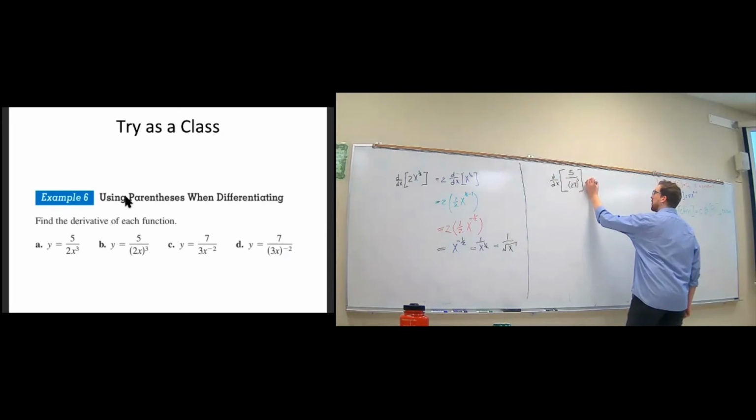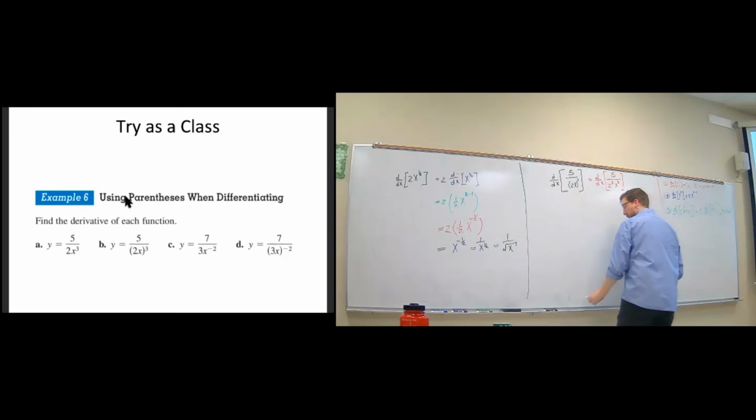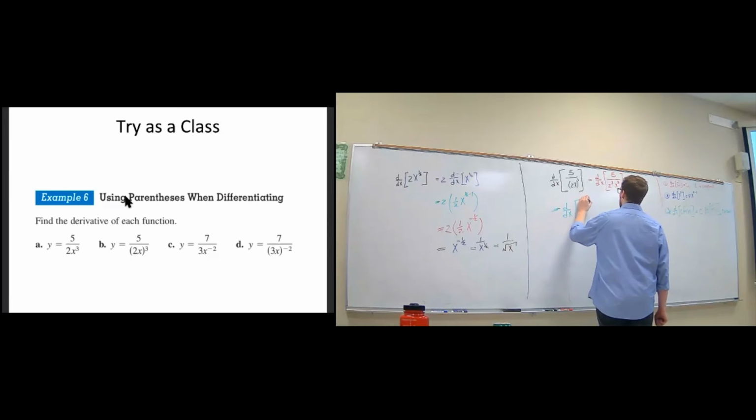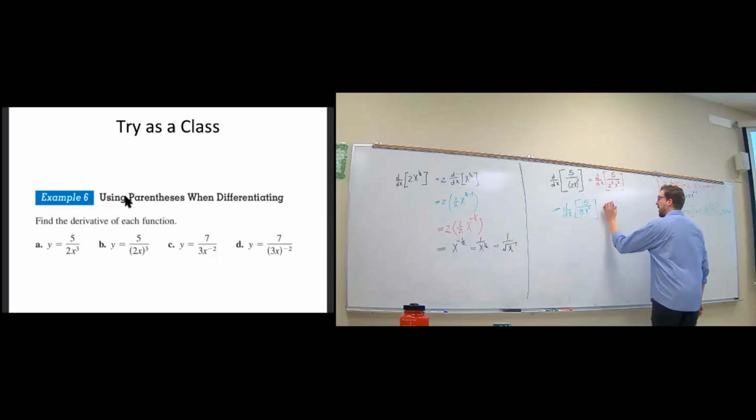Can we write this as the derivative of 5 over 2 to the 3rd, x to the 3rd, which is going to be the derivative of 5 over 8 times x to the 3rd, which we can rewrite now as d/dx of 5 over 8 times x to the negative 3rd power.